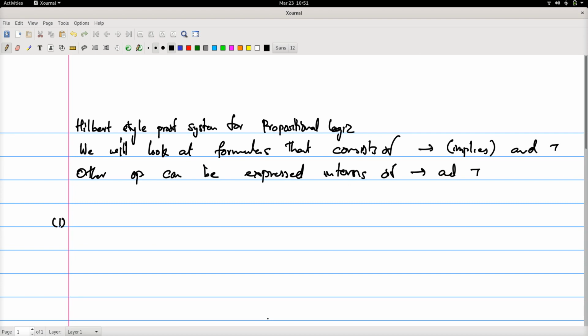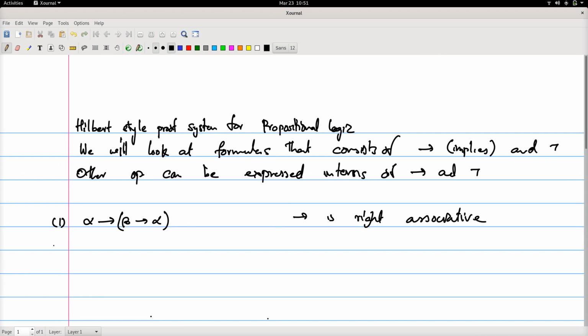The first axiom is alpha implies beta implies alpha. When I don't write any bracket, it is right associative. So that's the first axiom.